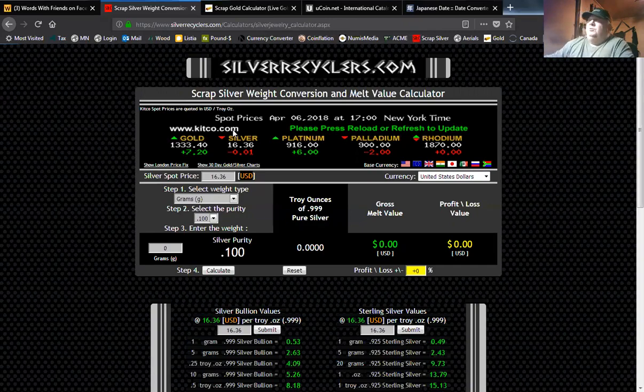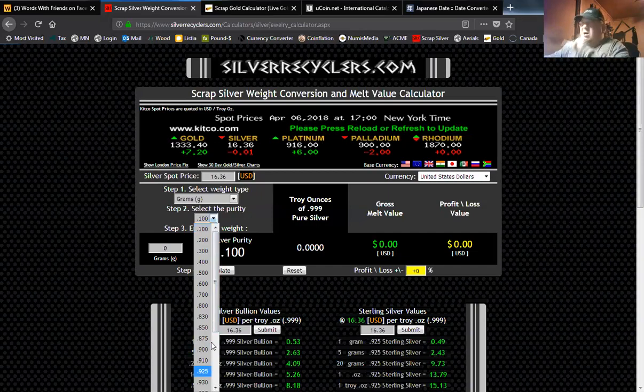But let's say you find a silver ring, and the purity of it is 0.925, which most rings are. Now, you can get different purities, especially if it's already stamped on there, like sterling or 0.925, which is not a pure 100%.